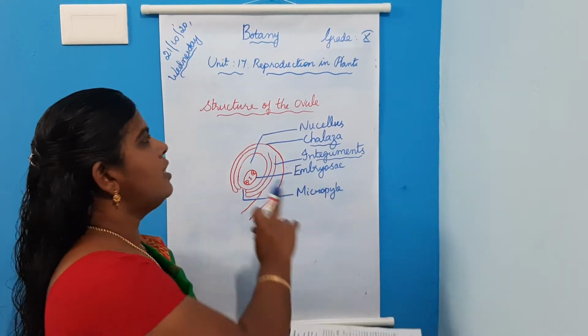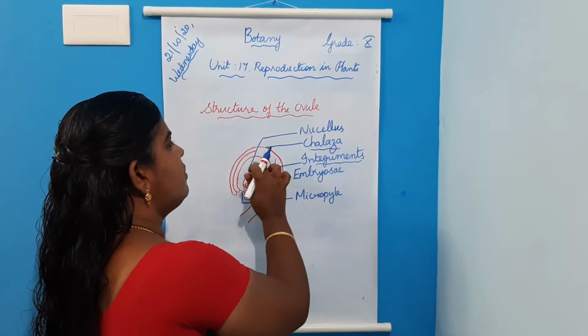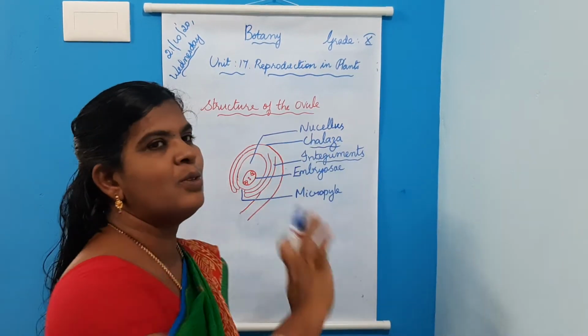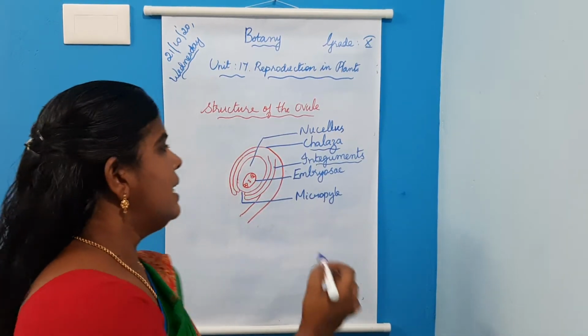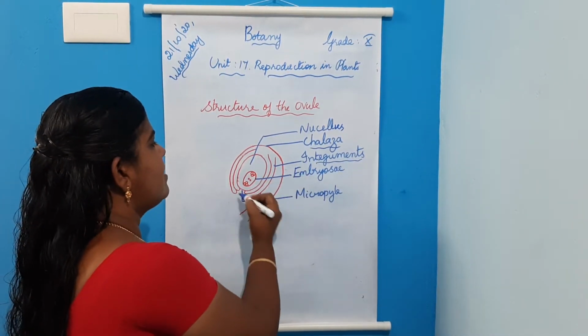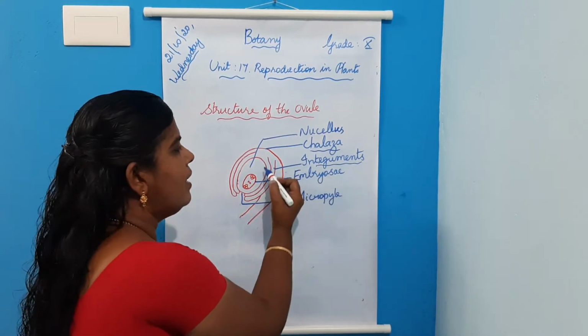Now we are going to learn about the structure of ovule. The major part of the ovule is called nucellus. It is enclosed by two layers called integuments. Okay, that is the ovary wall.